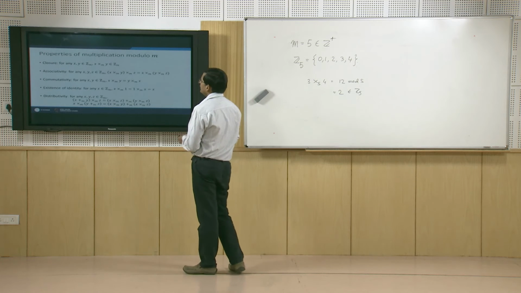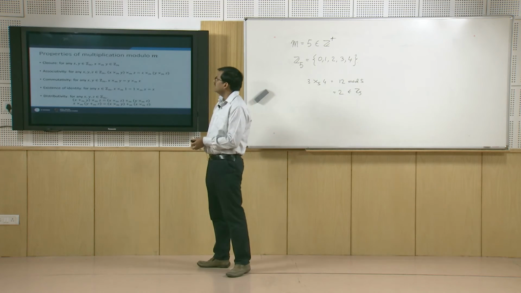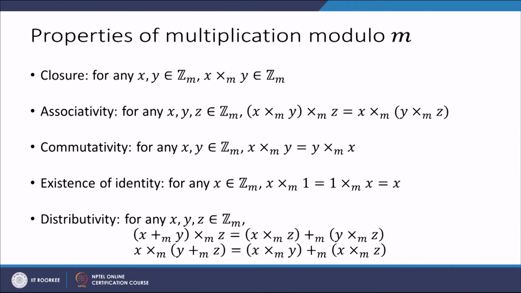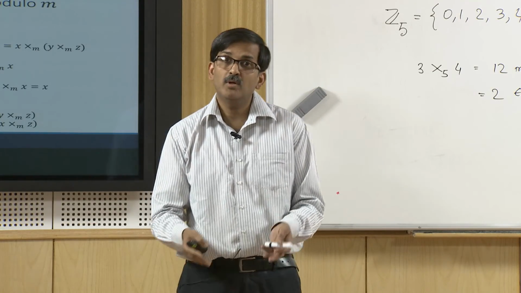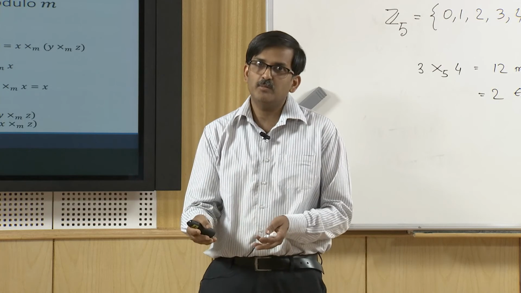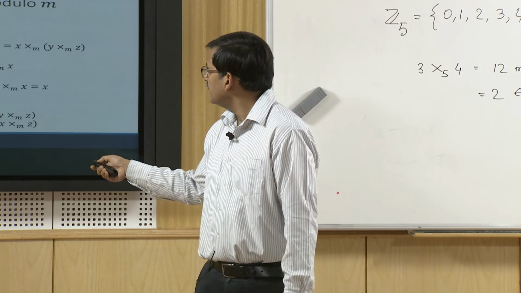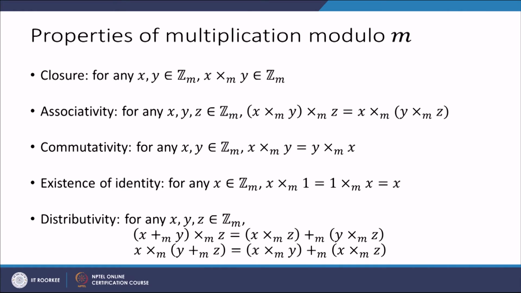And then associativity, commutativity, existence of identity. So, let us look here. Associativity is of course x times y times z is equal to x times y times z. Commutativity we know is x multiplication modulo m y is going to be y multiplication modulo m x, and here there is 1 over here.